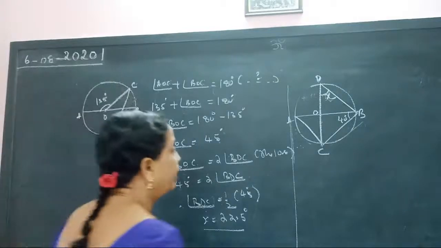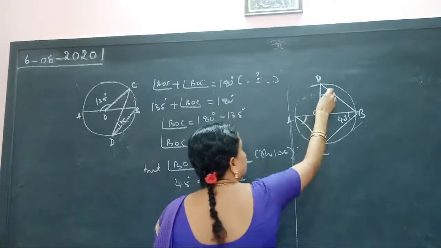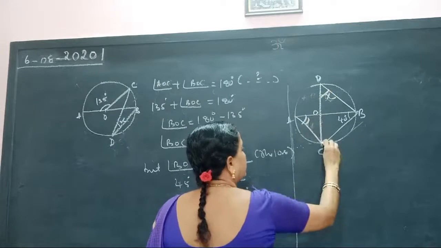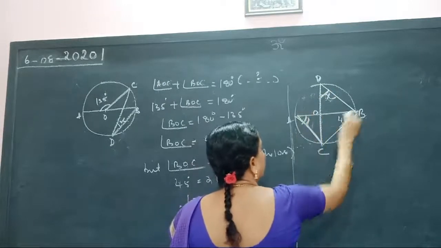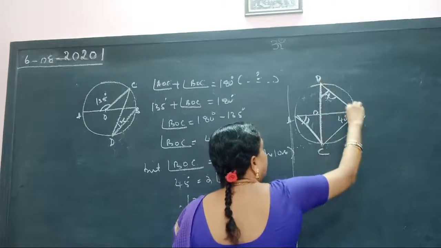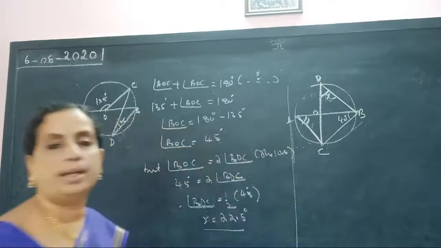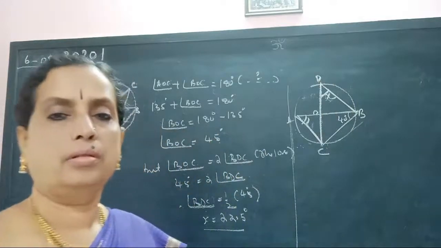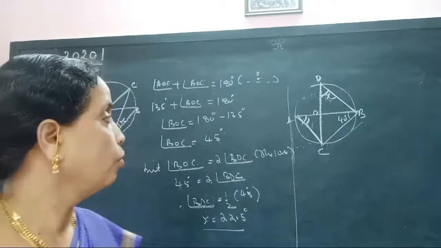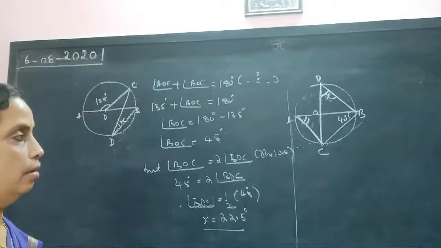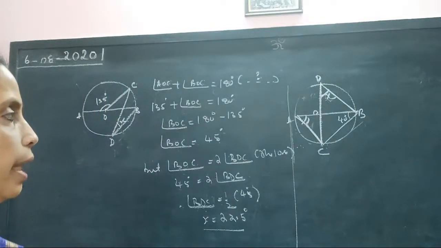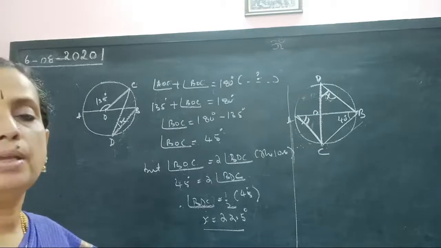When CAB is 50 degree, these two are equal. That is angle CAB equals angle CDB. Why are they equal?